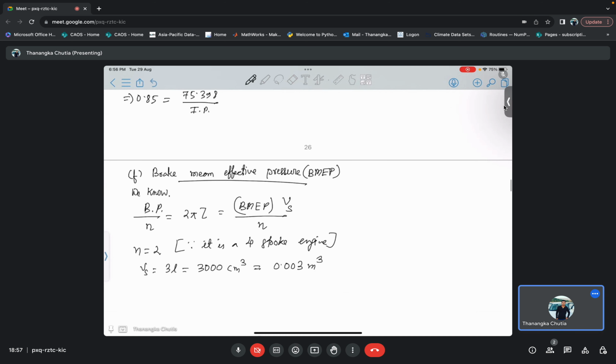Therefore brake mean effective pressure will be nothing but 2 pi tau into n divided by Vs. Tau is 200, n is 2, Vs is 0.003. I have converted all in terms of meter. This is in Newton into meter, and you will get this in terms of Pascal. So 2 pi into 200 into 2 divided by 0.003.